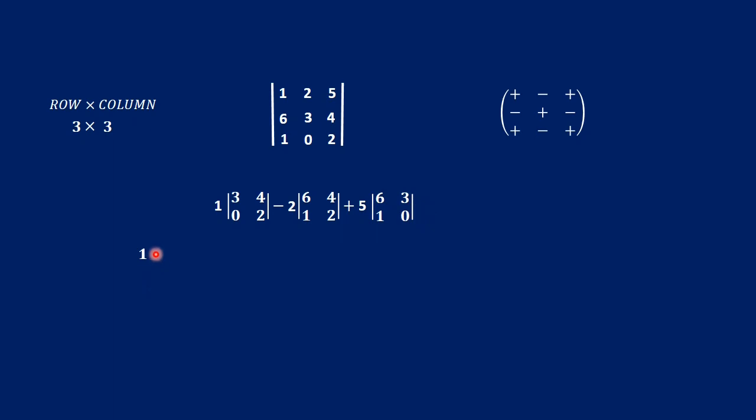So this number multiplies the determinant of the 2 by 2 matrix. That is 3 times 2 minus 0 times 4. Minus 2 multiplying the determinant of this 2 by 2 matrix. That is 6 times 2 minus 1 times 4.